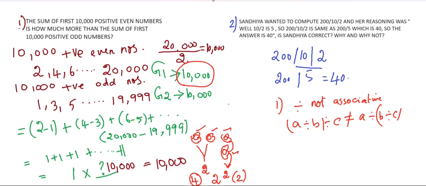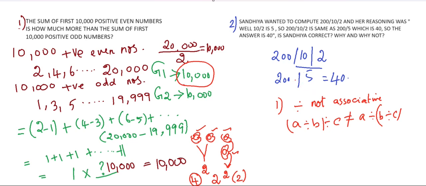You can check the associative property which I have explained in the previous video, where we saw a detailed explanation of associativeness for addition, subtraction, multiplication and division. So the guess Sandhya made is wrong because division is not associative.